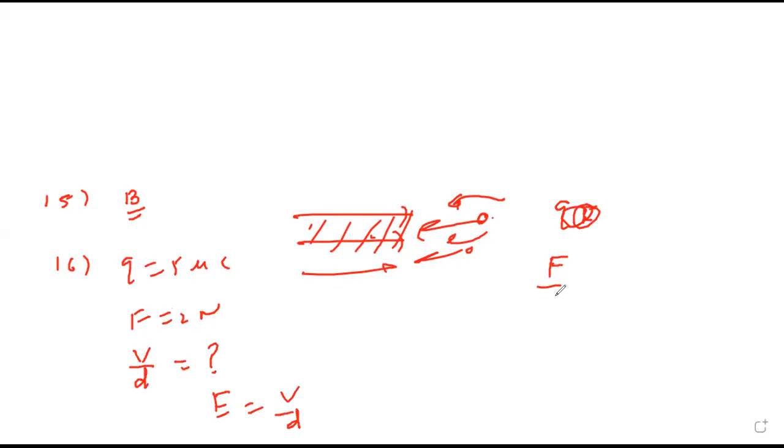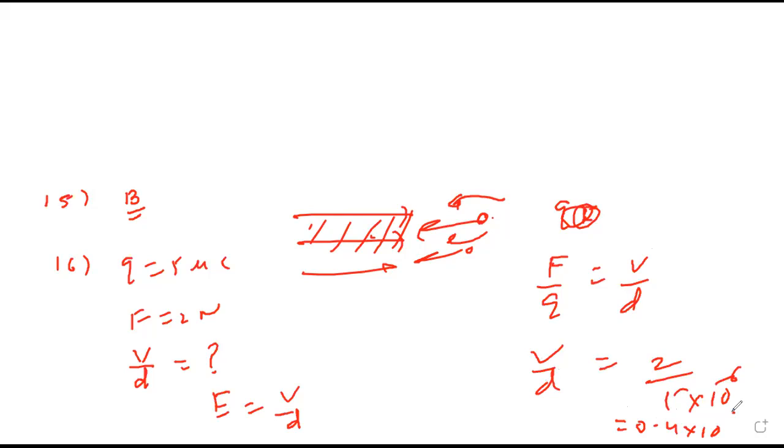So force upon charge becomes V by D. Force is 2, charge is 5 micro, 5 into 10 raised to minus 6. So 0.4 into 10 raised to plus 6, which will be 4 into 10 raised to 5 newton per coulomb.